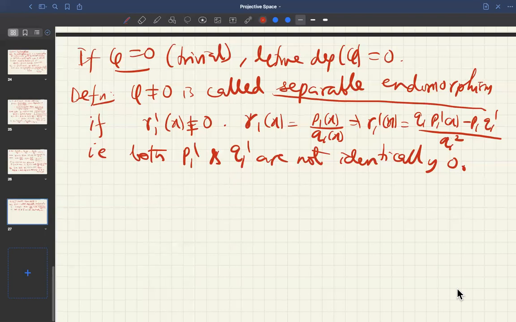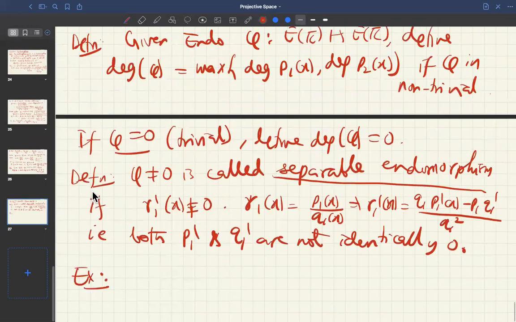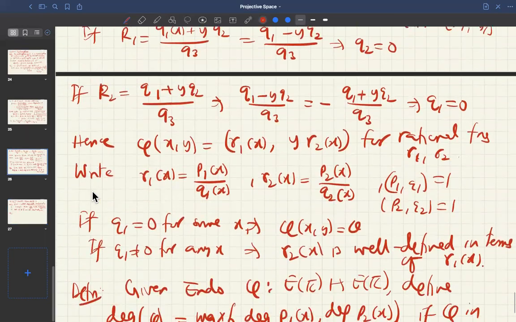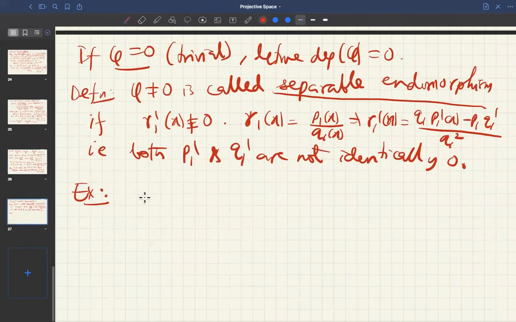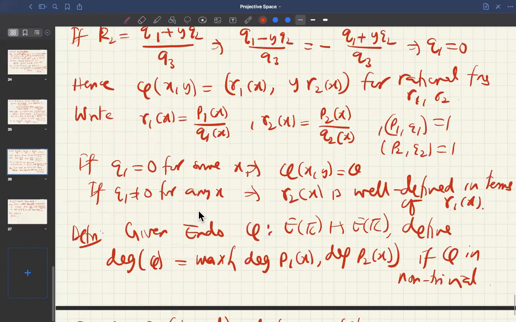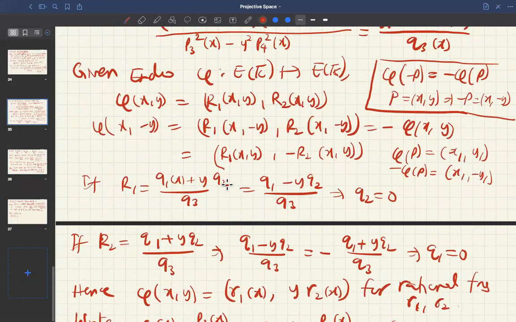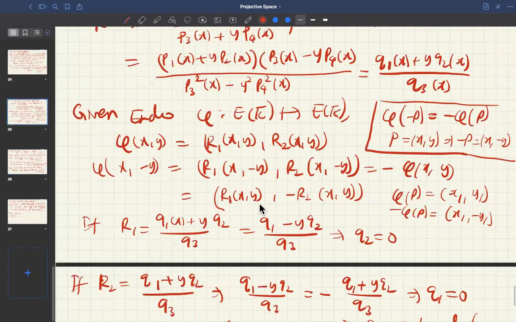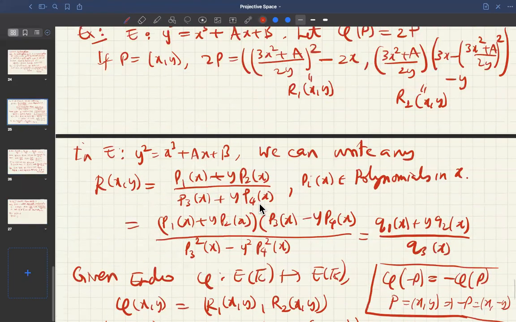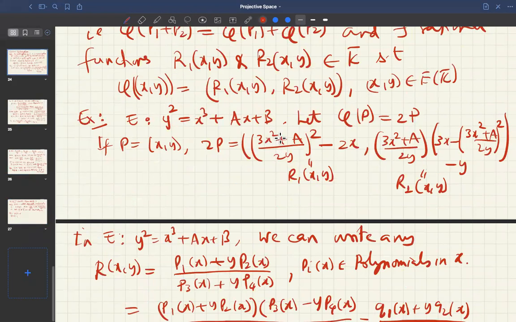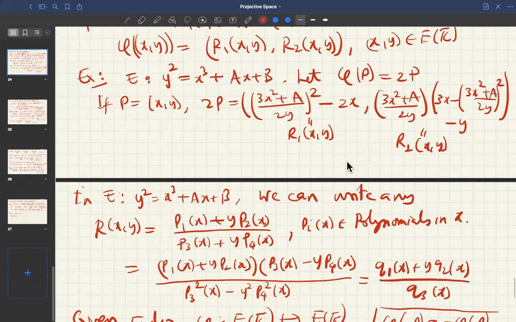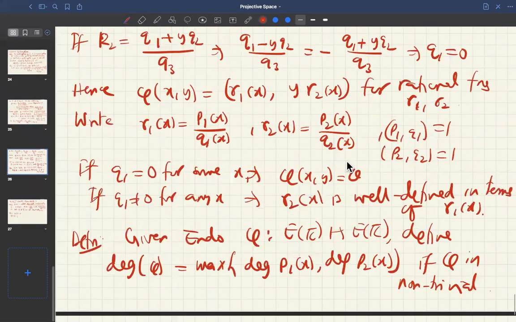Okay, so let's see this with an example. The example which we have taken is phi of p is 2p. So phi of xy, we have written it as, I just want to go back. So this one, I'm just copying once again, so let me write down.